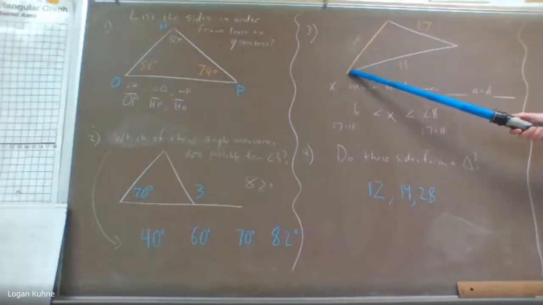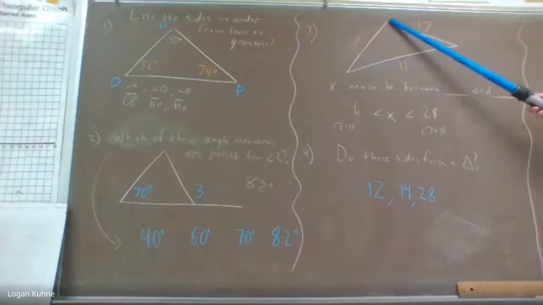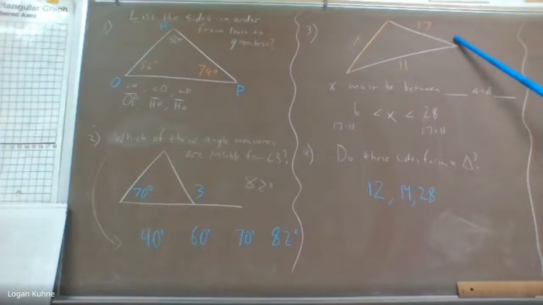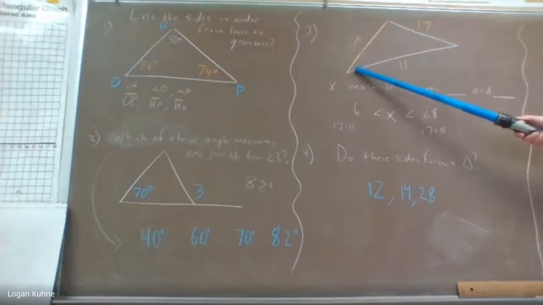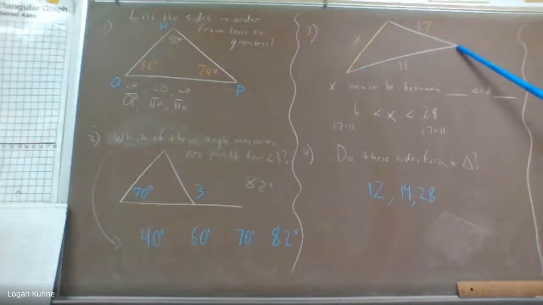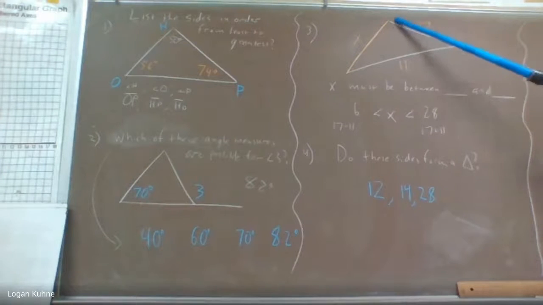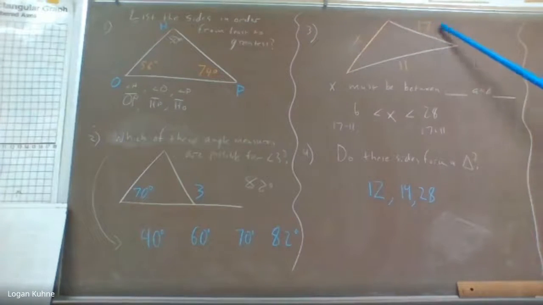So if this is 1, does that mean I could go 1 mile and then 11 miles, and that's shorter than the person who went 17 miles this way? Did that happen? No, this plus this is always bigger than this. Okay. Always, always, always.